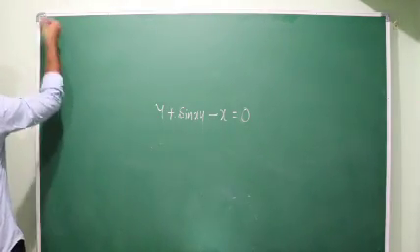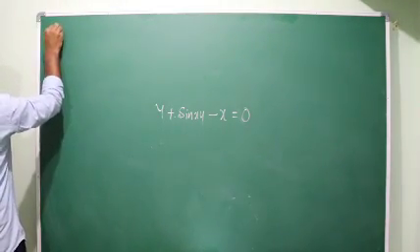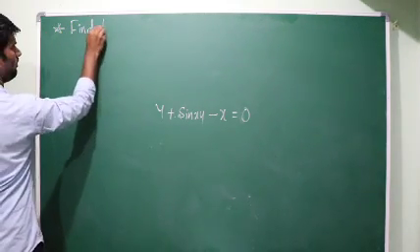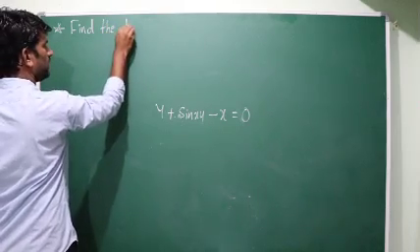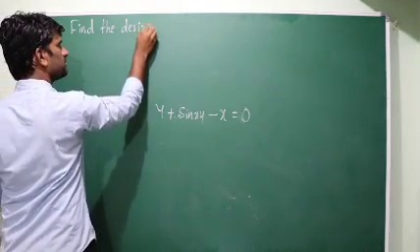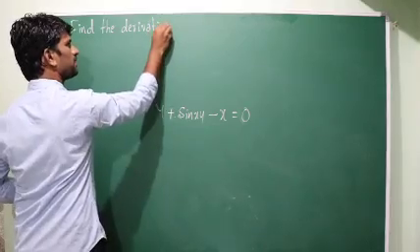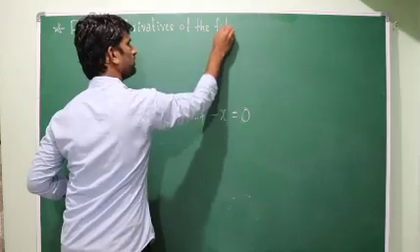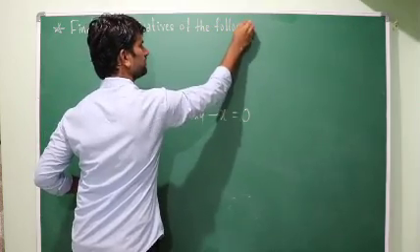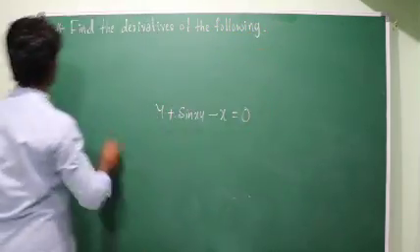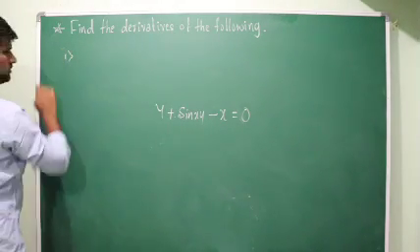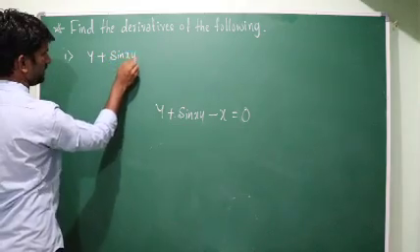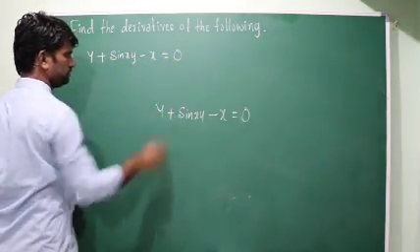Differentiate the following with respect to x, or you can say find the derivatives of the following. That first one, y plus sin xy minus x is equal to 0.